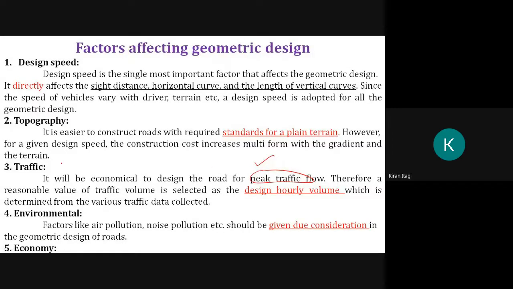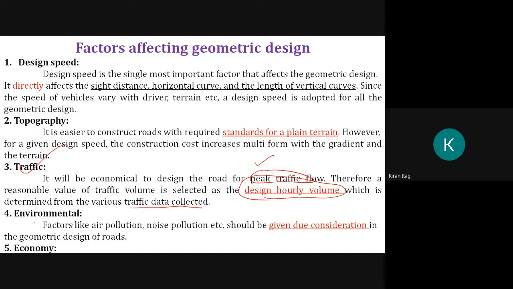So therefore a reasonable value of traffic volume is selected as the design hourly volume, which is determined from the various traffic data that are collected.